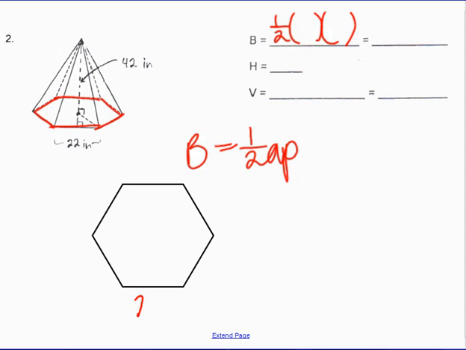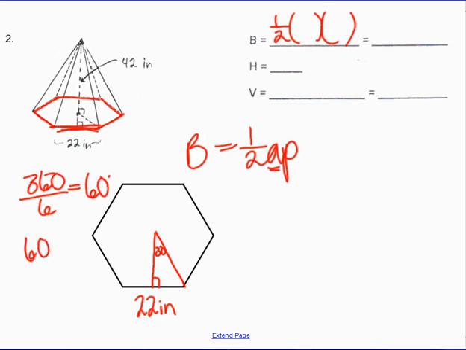And I see that it's 22 inches here. I'm going to need my apothem, so I'm just going to draw that in by myself. For my apothem, that's what I need first, my A. This is a 30, 60, 90, because if I take 360 divided by the number of sides, I get 60 degrees.